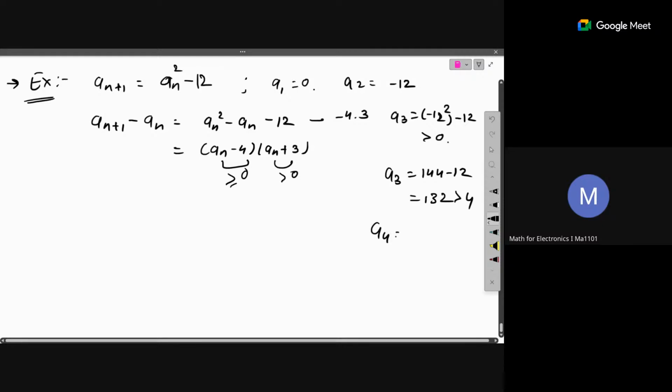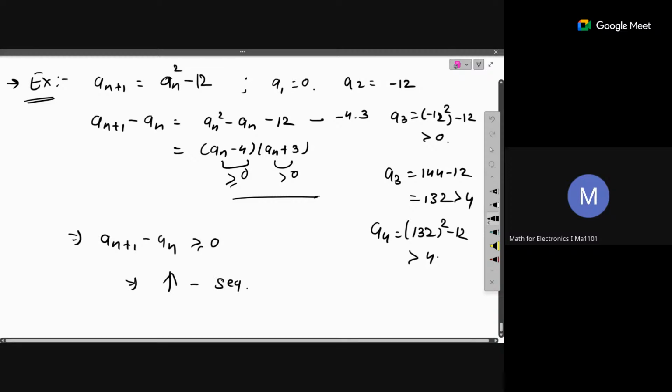Again, if you compute a4, it will be 132 square minus 12, again greater than 4. So an is greater than 4, and eventually greater than 3. So what is happening? an plus 1 minus an is greater than or equal to 0, which means it's an increasing sequence.